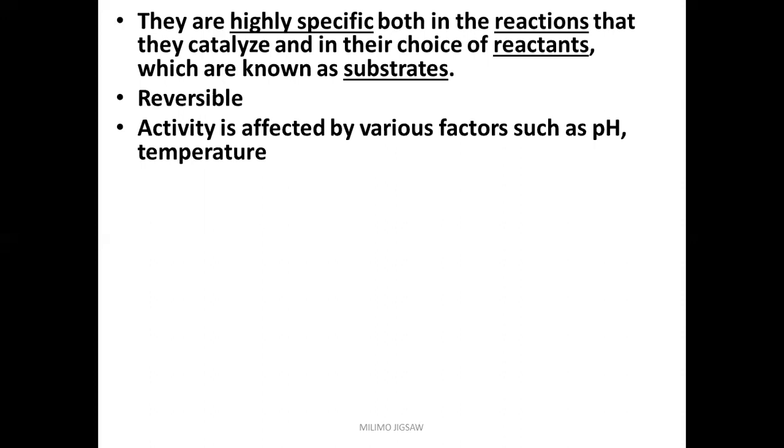They can also be affected by the temperature, and the reactions can also be affected by the enzyme concentration. These factors are going to affect the way the reaction takes place. We're going to look at this in our next lesson, how these affect the enzyme.